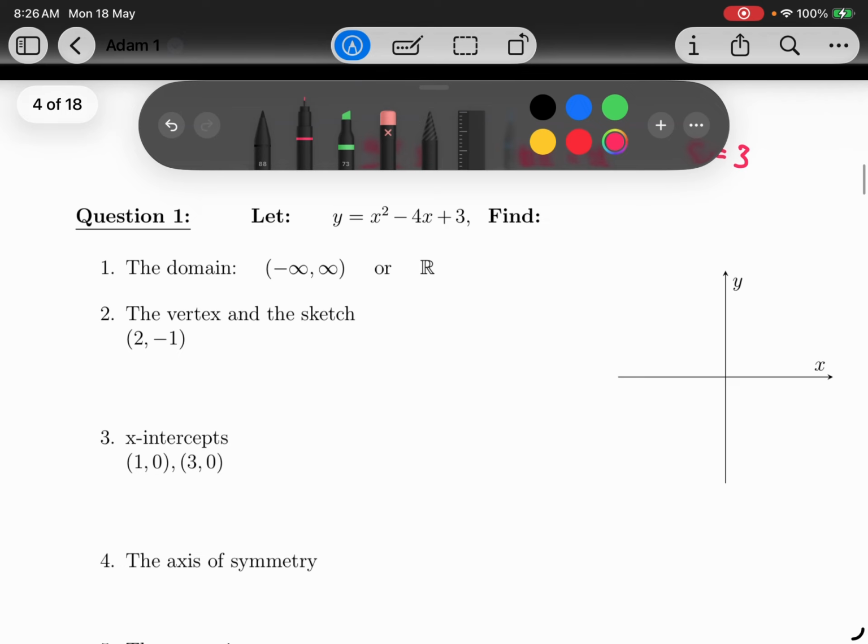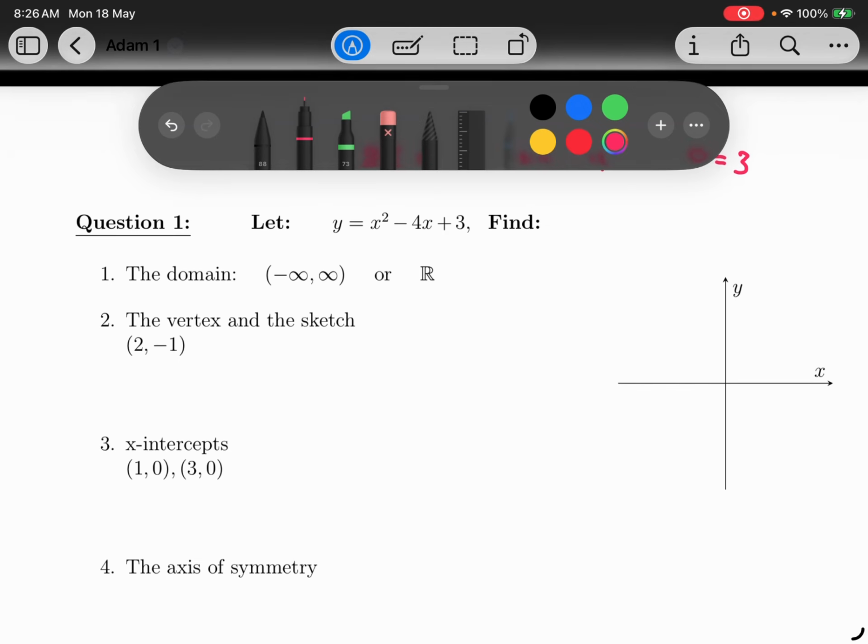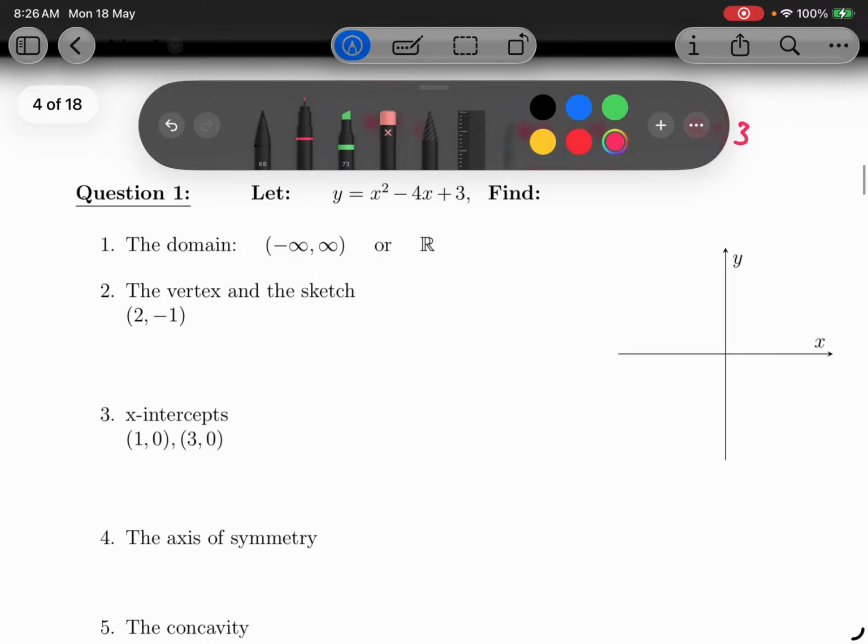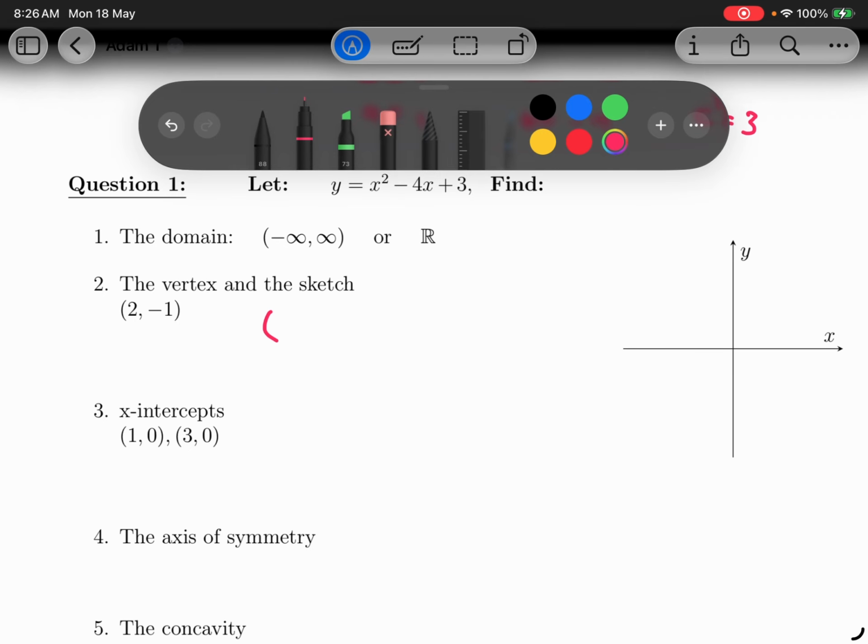So, and here, guys, we have the vertex. For the vertex, the vertex here is given, but I will tell you how to find it, minus 2. So first of all, remember that the vertex is a point, and this point contains 2 coordinates, the x coordinate and the y coordinate. The point will be like this: minus b over 2a, along with the y coordinate, which is f of this guy, f of minus b over 2a.